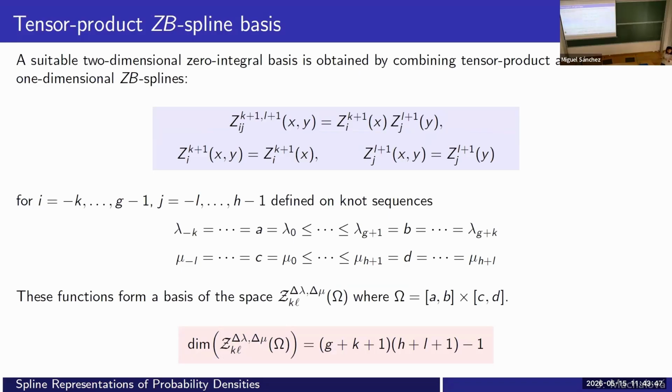So it means that in the second variable, it's a constant function. But again, I must say that we have to use the additional coincident nodes. And the dimension then is in fact equal to the dimension of tensor product of classical B splines minus 1 because of the integral 0 condition.